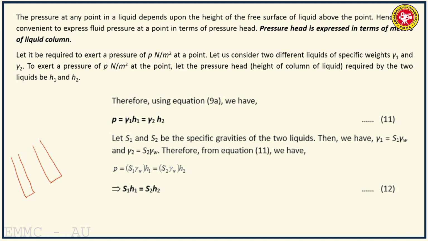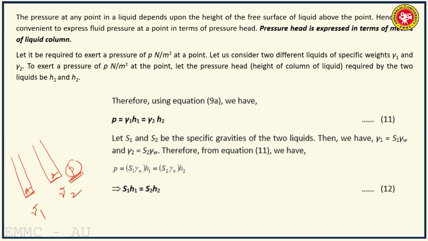This is the same diameter and same base area, it is an open tube or a glass container. So, here this is the base. I want to exert a pressure P using two different liquids. The pressure magnitude is known, the pressure intensity is known. So, first I want to use a liquid of specific weight, say gamma 1. In this case I want to use gamma 2. So, I have two glass tubes of same diameter and same base area A.